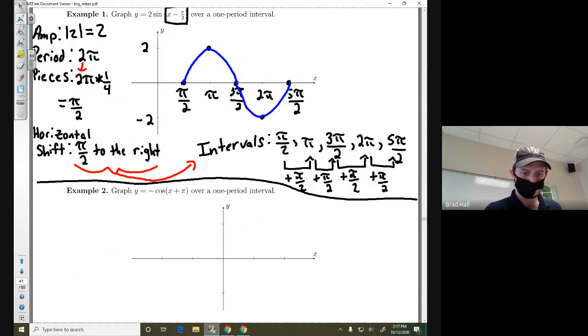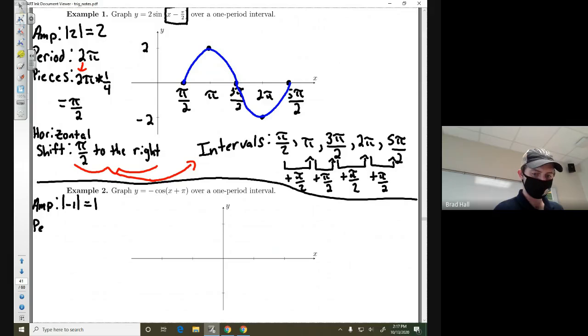So start off with the amplitude. The number multiplying the trigonometric function is -1, so it's really the absolute value of -1, which is +1.